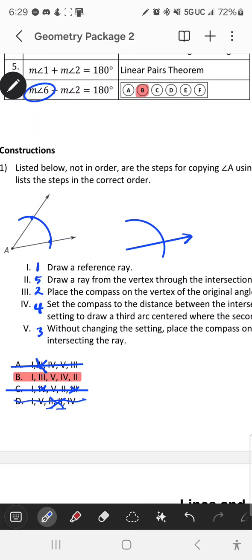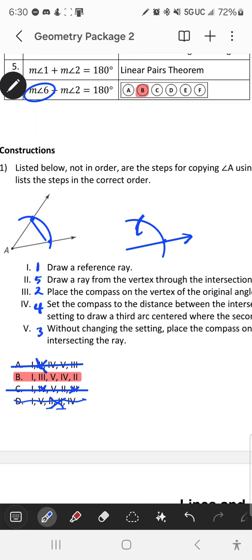Now in 4, we measure the distance from here to here, one point here and the other point here. Using that distance without moving it, we place the compass here and make a mini arc over here, using the same distance we measured here.